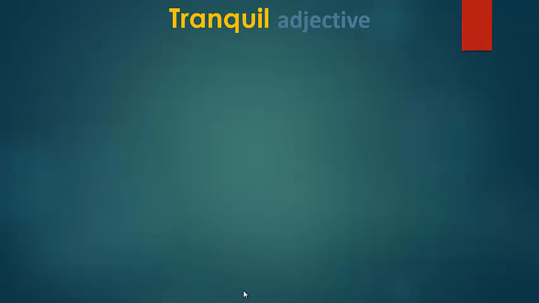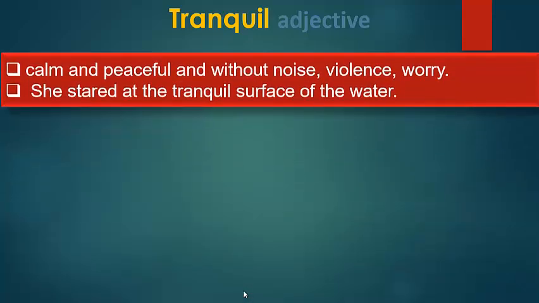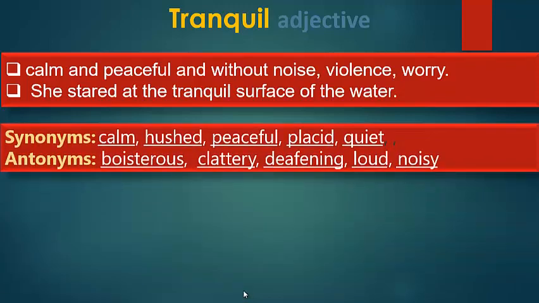Tranquil. It's an adjective that means calm and peaceful and without noise, violence, or worry. She stared at the tranquil surface of the water. Tranquil, like very calm, a suitable atmosphere. Synonyms: calm, hushed, peaceful, placid, quiet.